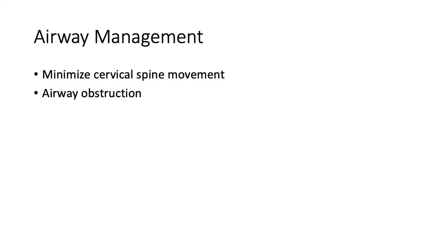The principle of airway management is to establish an airway with limited mobility of the cervical spine. The airway management uses a stepwise approach. Firstly, look for any evidence of airway obstruction such as stridor, gurgling, noisy breathing, or a silent patient.